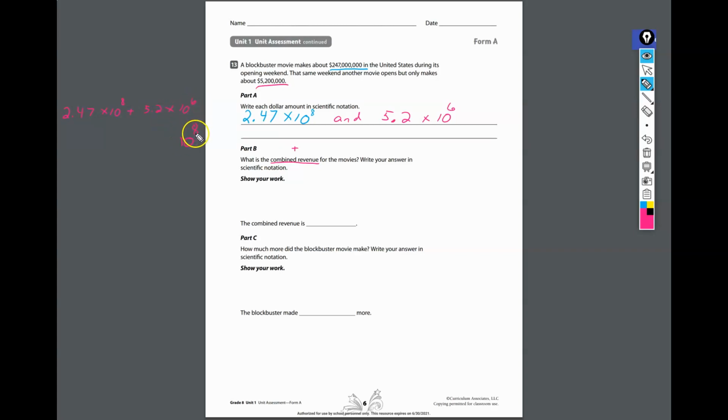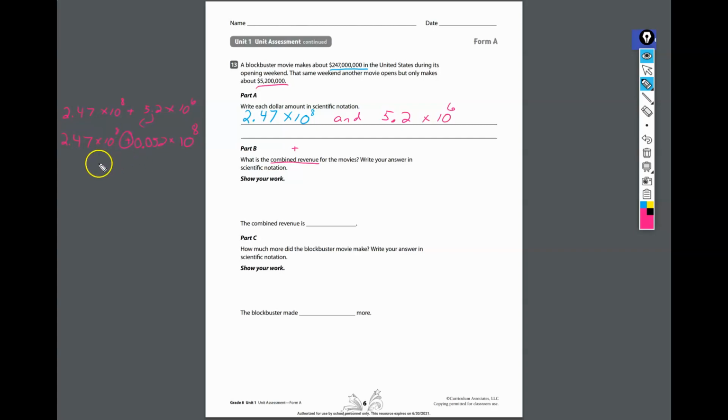It went up 2. This needs to go down 2. So that means I'm moving it to the left to make this number smaller. So if I move it over 1, that means I need one more 0. The first number I'm not changing since it already has a power of 8.